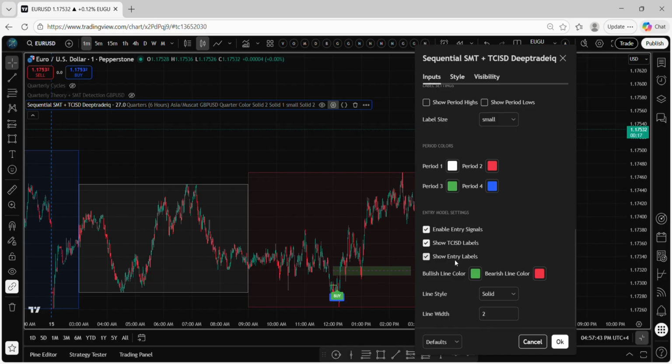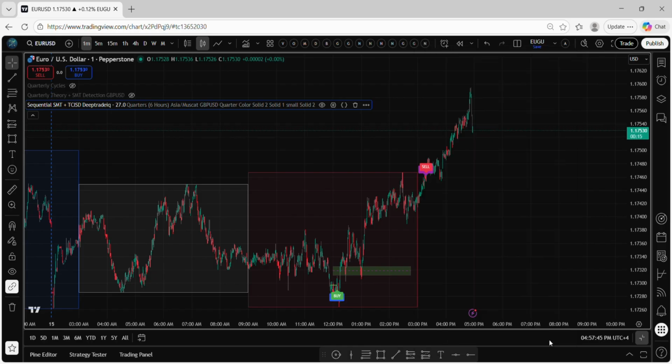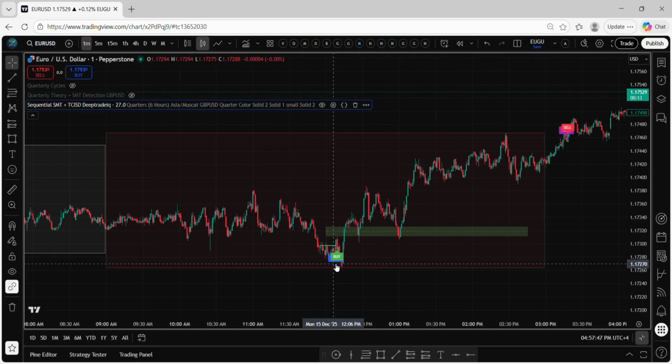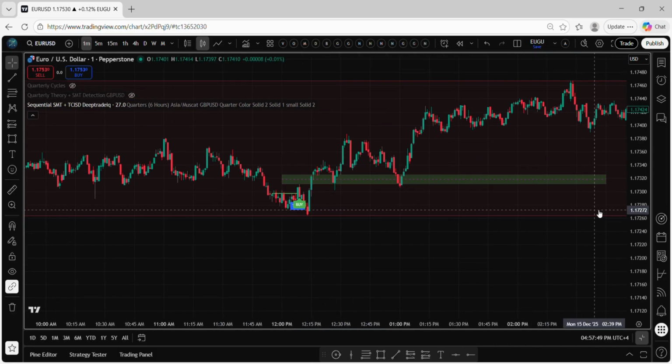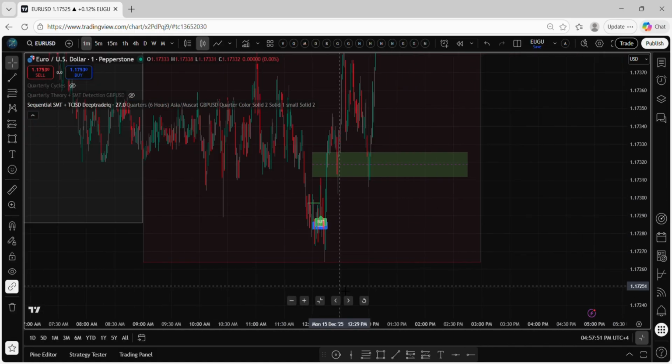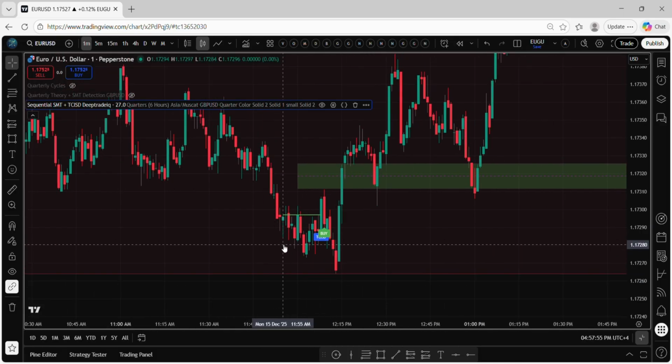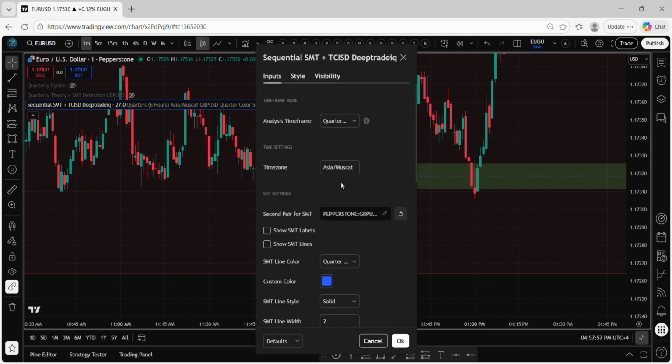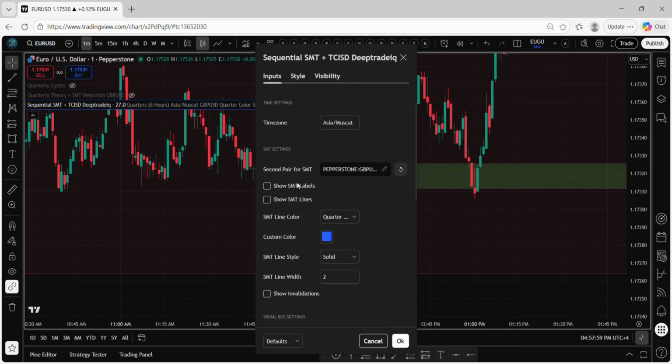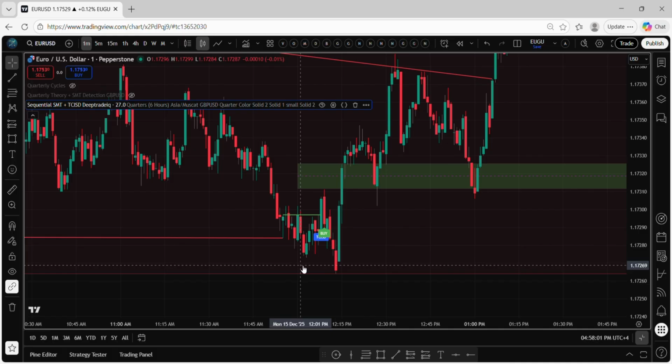TCISD, show TCISD labels, entry signals we need to keep there. What is TCISD? Sorry, just one second, let me enable this one.